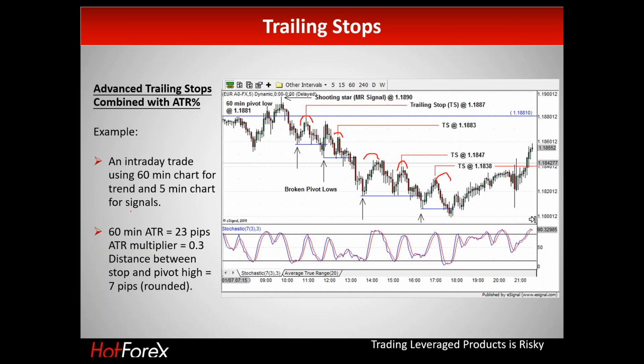So the ATR in the 1 hour chart was pointing to 23 pips. The ATR multiplier was at 0.3, which gives the distance between stop and pivot high.